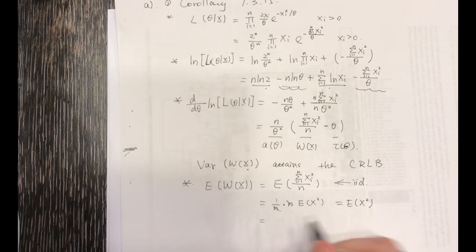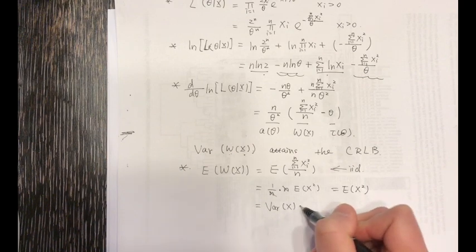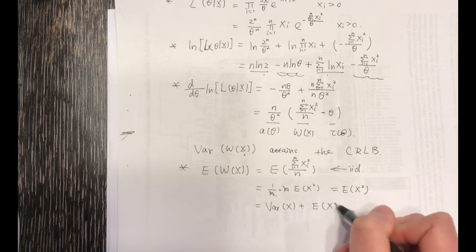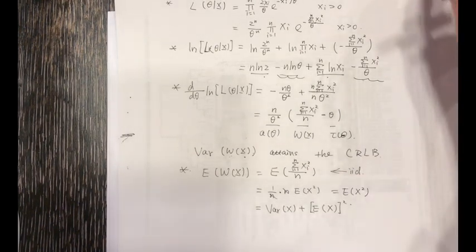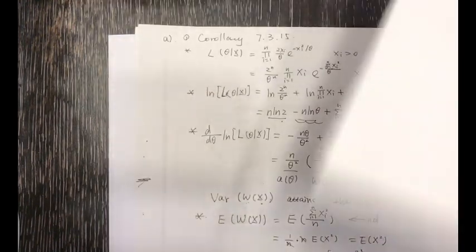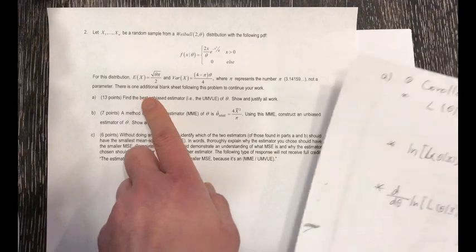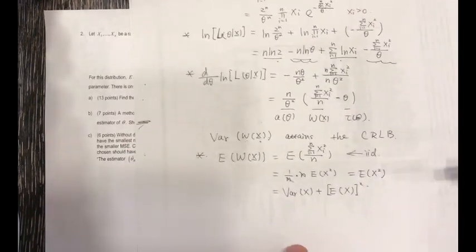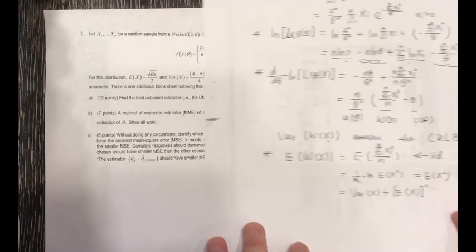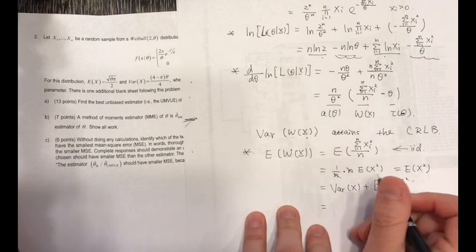We know the expectation of X squared is equal to the variance of X plus the expectation of X, squared. And we already know from the question the expectation of X and the variance of X. So we put them in here. Let me make sure you guys can see it.